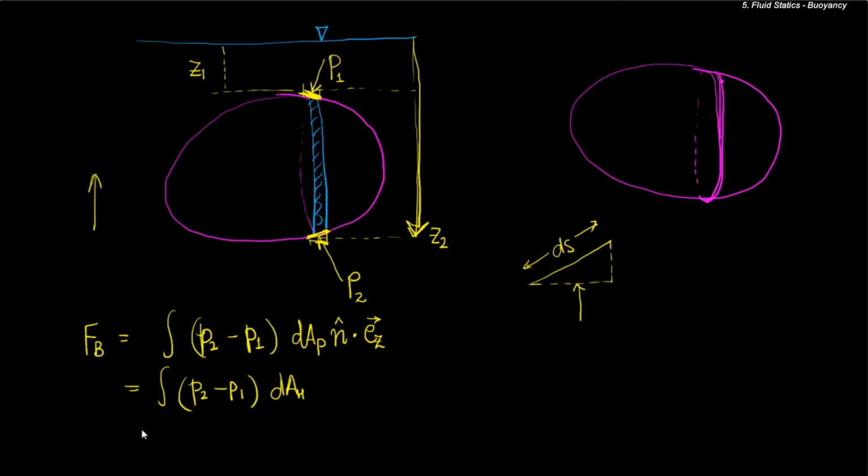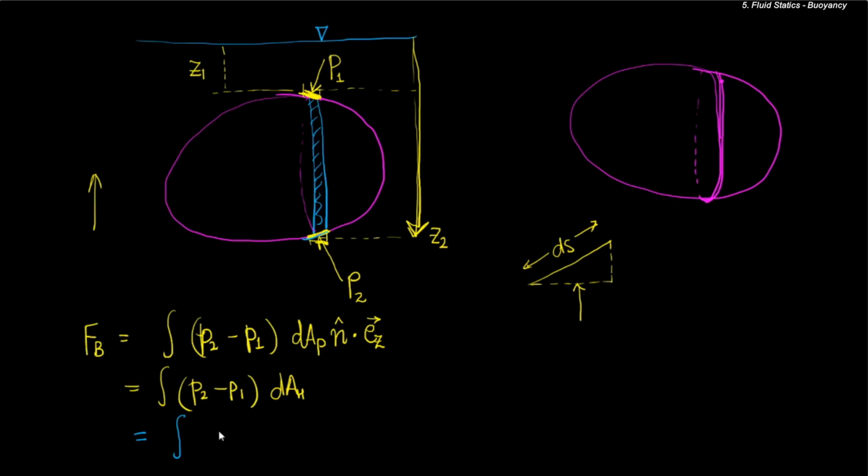So this would be equal to the integral, and this integration goes over the entire area, over all the various slices that you can form of the object. Now what is P2?